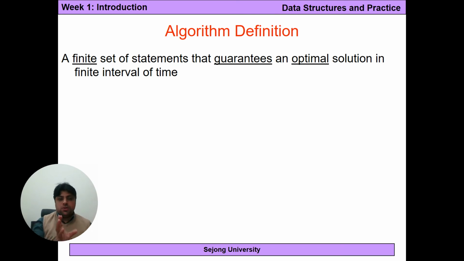The solution should be optimal, or in other words, the best, in a finite interval of time. This is the requirement for any algorithm to be the best algorithm. These are the three things that we need to focus on while writing any algorithm.